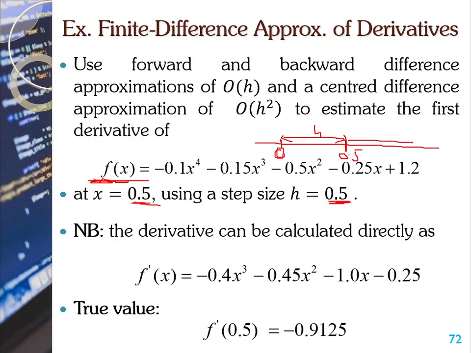In that same case, to estimate our future value, whose difference is also h, our future value will be x, which is 0.5, plus h, which is also 0.5. And once we do that, we get our future value to be equal to 1. Now, let's look at how we estimate the first derivative itself.